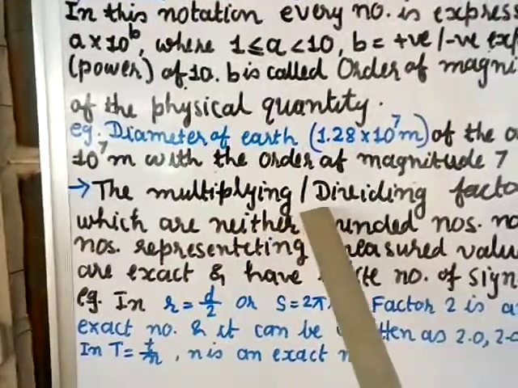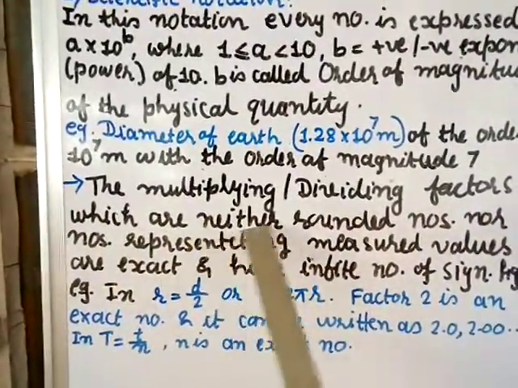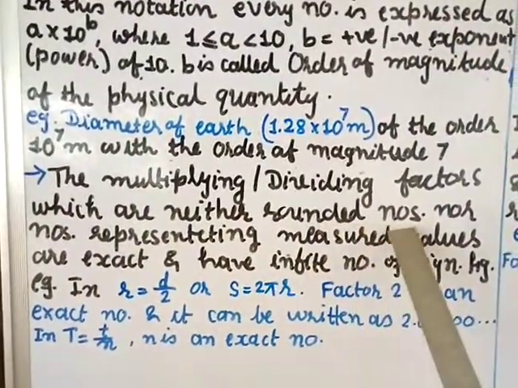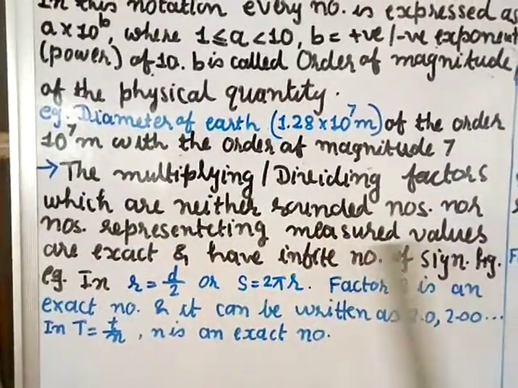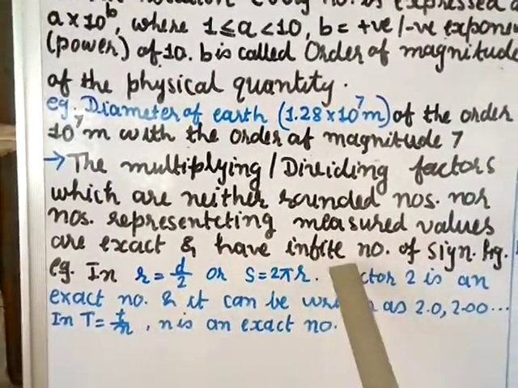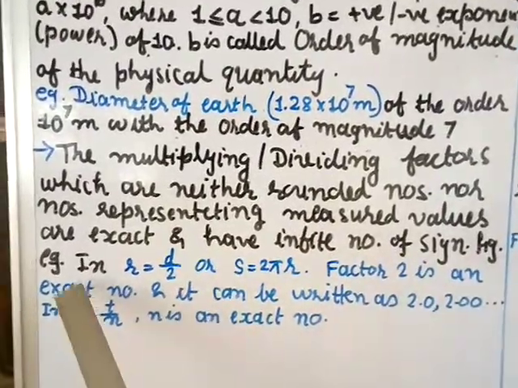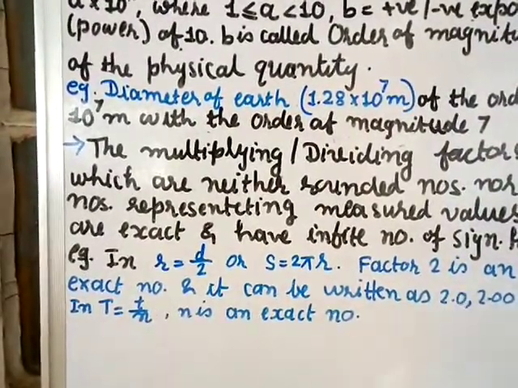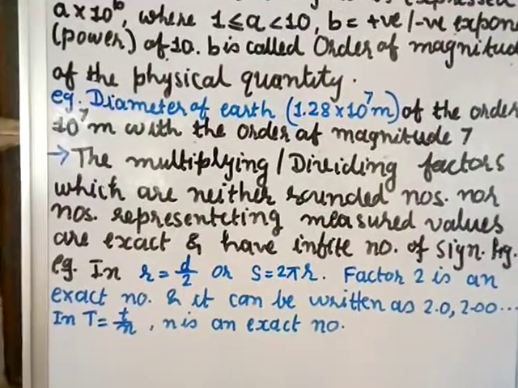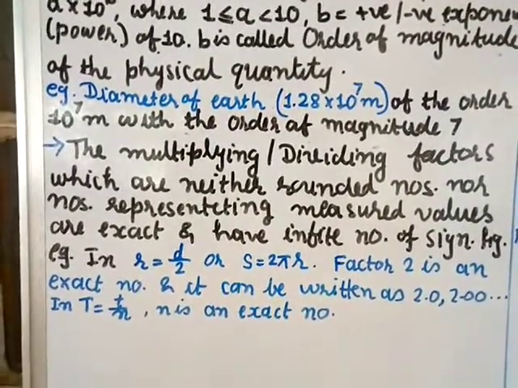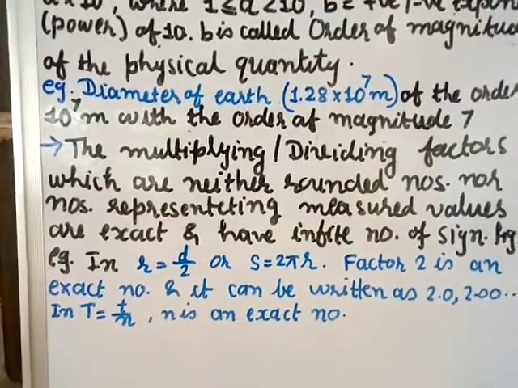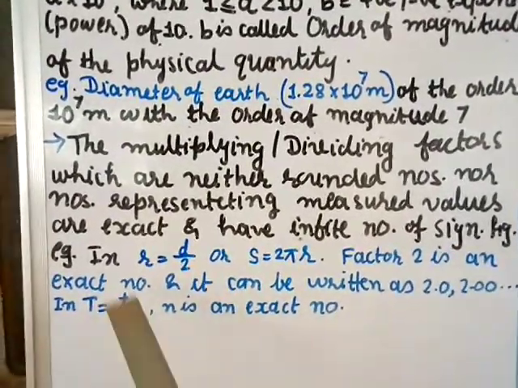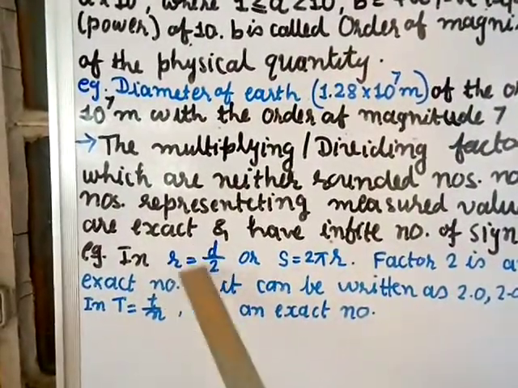The multiplying or dividing factors which are neither rounded numbers nor numbers representing measured values are exact and have an infinite number of significant figures. So if you have an exact number or constant in your formula or in your calculation, then it will have an infinite number of significant figures. Example, you know radius equals diameter by 2.